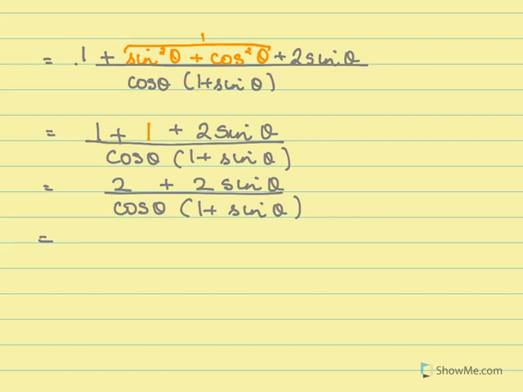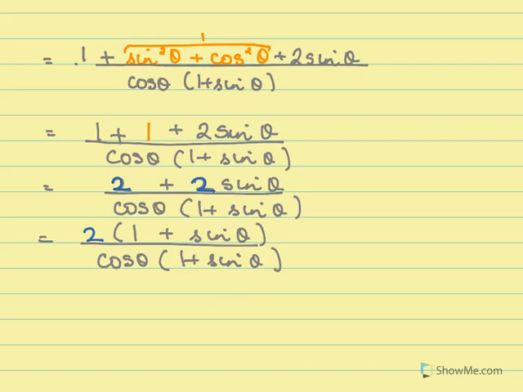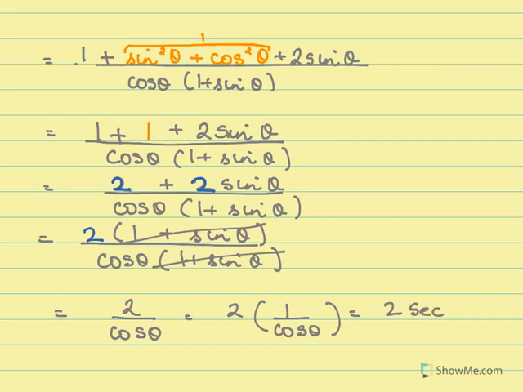Now look up in the numerator, I can take 2 common out. So here is a 2 and here is a 2. So this 2 I will take common out. What remains inside is 1 plus sine theta, the 2 is out, over cos theta 1 plus sine theta, and I'm getting close to it. 1 plus sine theta, 1 plus sine theta, I cancel out. So this is 2 over cos theta, which means 2 into 1 over cos theta, and 1 over cos theta is sec theta, so 2 sec theta, and that's what we needed to prove, equal to 2 sec theta.